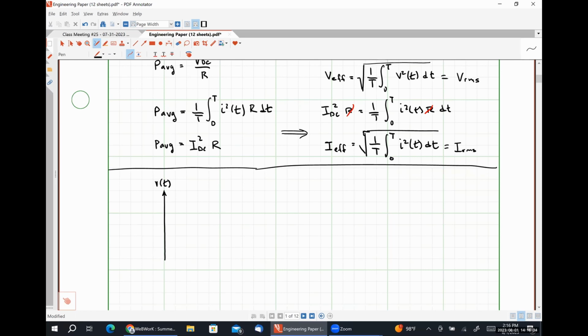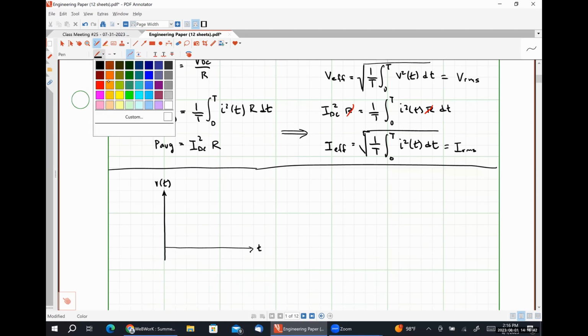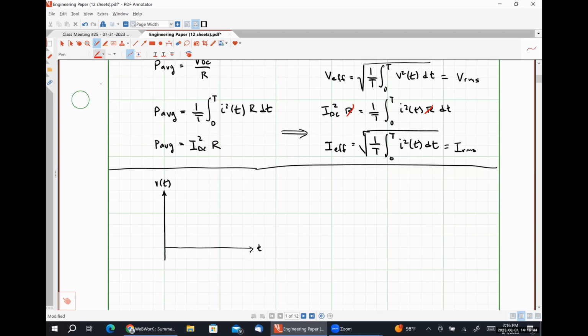And it is a positive rectangular pulse like so, followed by a negative rectangular pulse, and then it's off.